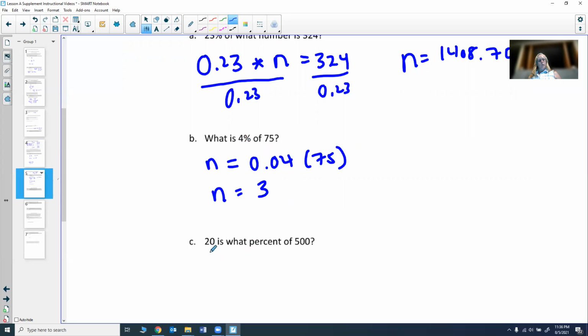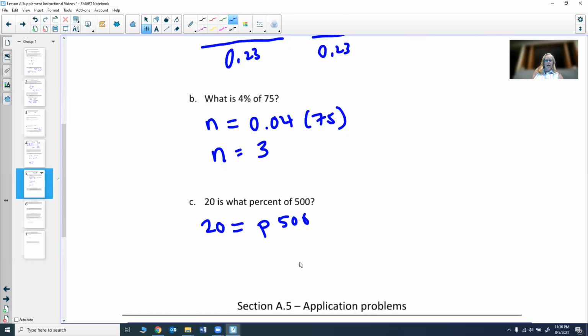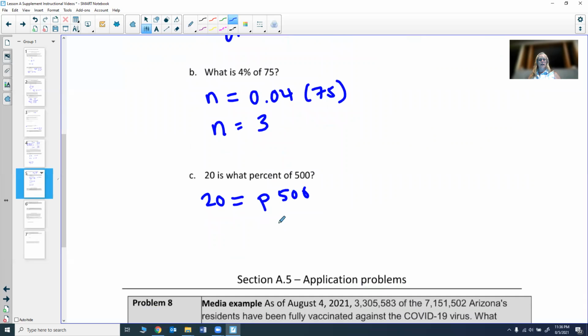All right, let's look at 20 is what percent of 500? Again, I'm going to start with 20 is, that's an equal. What percent? Call it something, I'll call it P, of 500 means multiply. Now that I have that, I can divide through by 500 on both sides and find out what P is.